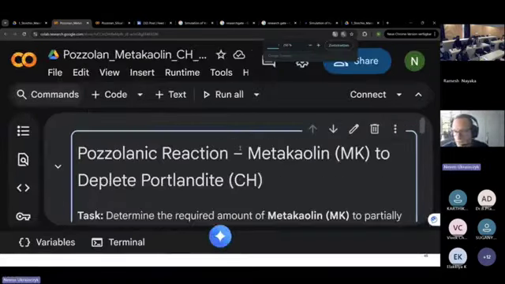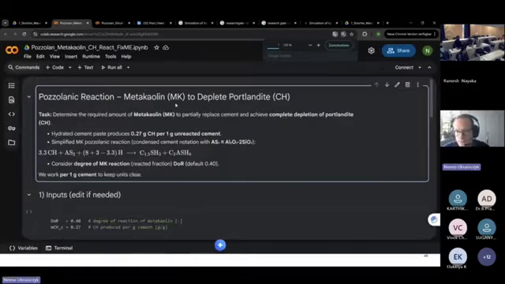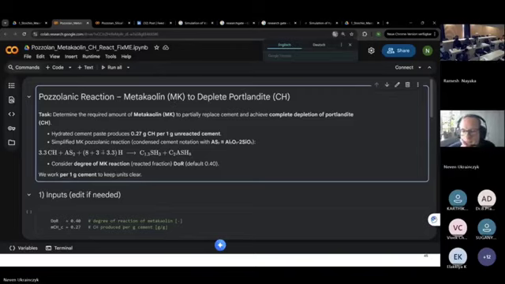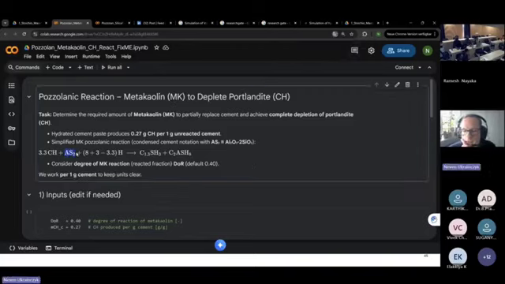And now we have the metakaolinite example. So it's the same example, we just did it now for aluminosilicate.